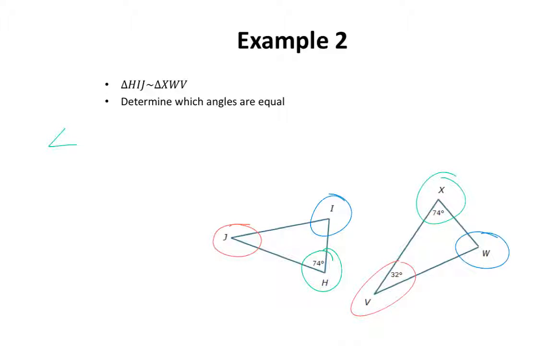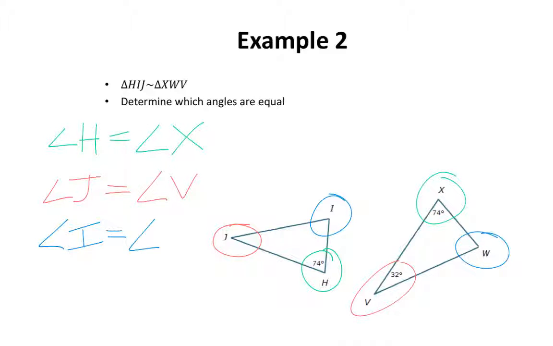So I would say angle H is equal to angle X. They're both 74 degrees. I would also make an educated guess that angle J is equal to angle V, which is 32 degrees. And last but not least, angle I is probably equal to angle W.